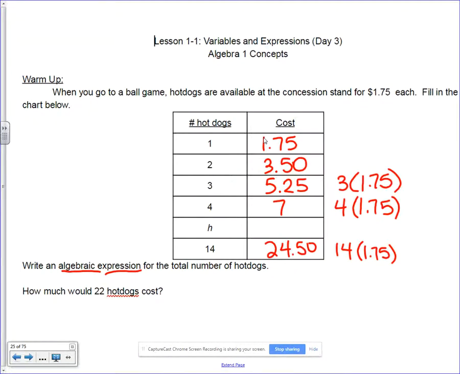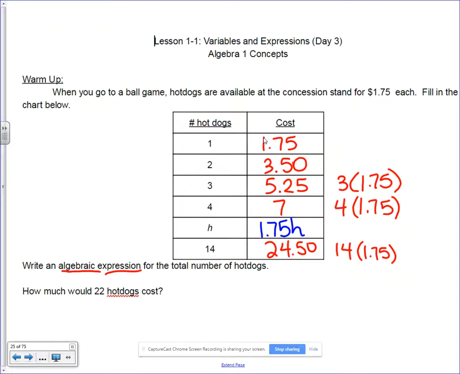What's going on? What are we doing every time here? Multiplying the number of hot dogs by 1.75. Well, here I just know that the number of hot dogs is H. So how would you represent that? Good. I'm glad you said 1.75H. Please don't tell me H times 1.75. It's proper to put the number first.